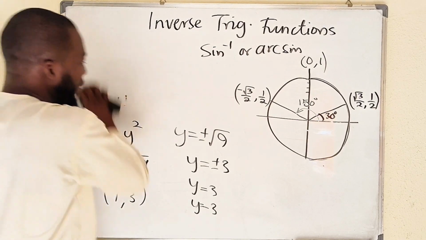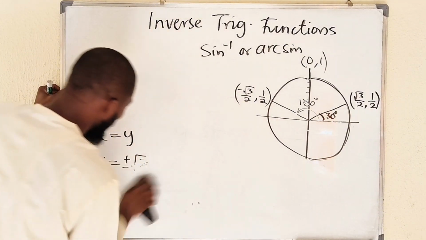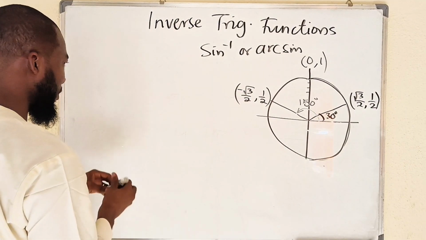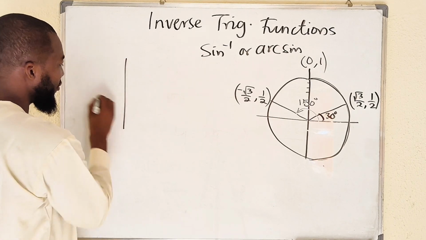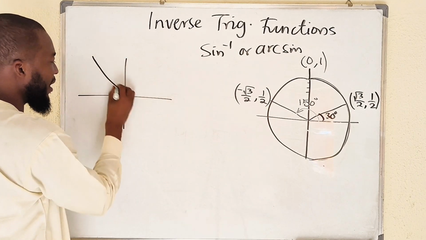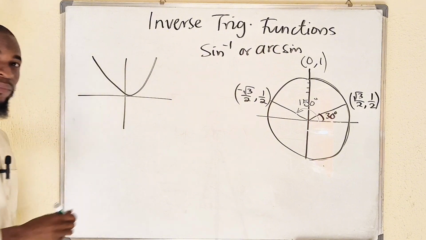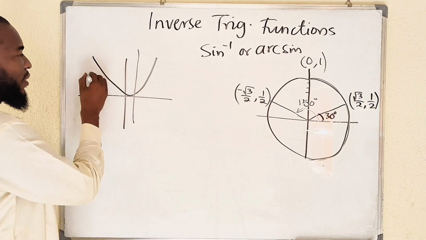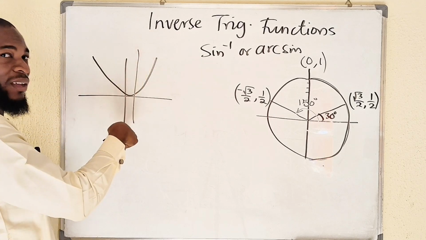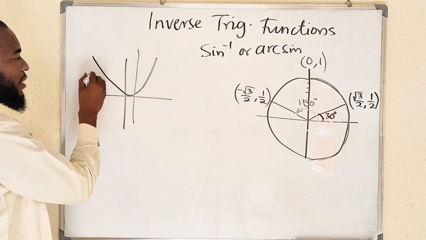Let me show you graphically before we come back to cosine. So the graph of x squared looks like this. Vertical line test, it is a function.